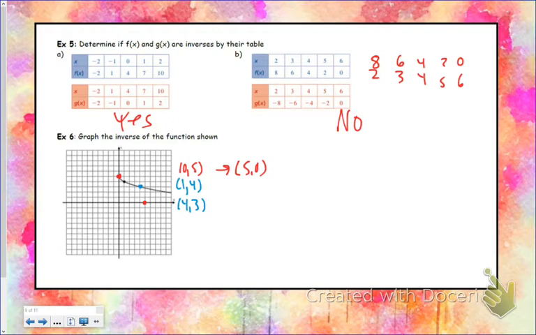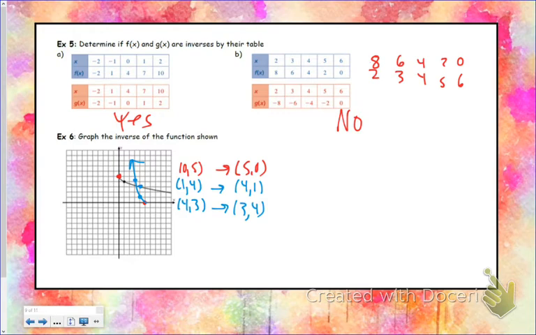Instead of 1, 4, I'm at 4, 1. And instead of 4, 3, I'm at 3, 4. So there's my inverse function. And again, they look like reflections over the line y equals x.